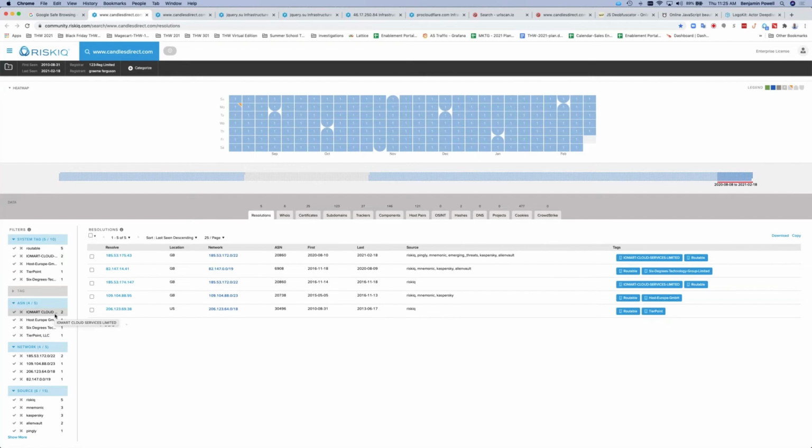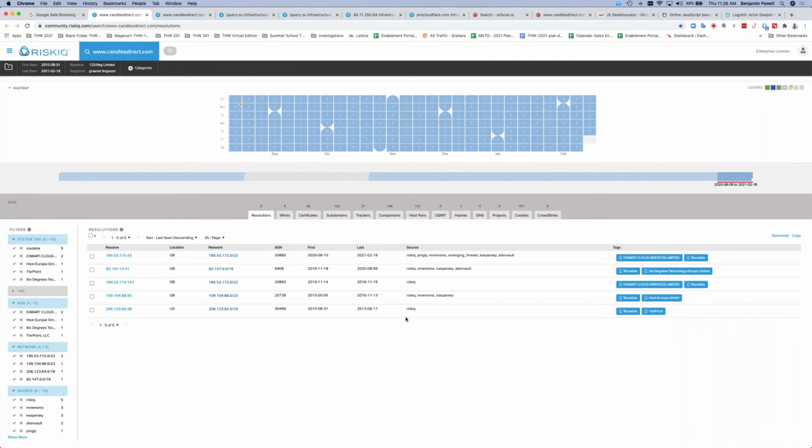And for example, you see the sources here. So passive DNS, we can't be everywhere all the time. So we have our sensors to collect data, but we also partner with other passive DNS collectors, and we share our data with them and they share it with us.